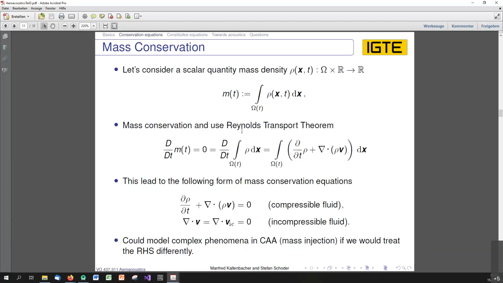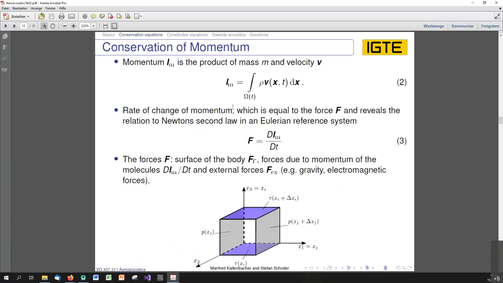Okay, then we proceed with the conservation of momentum. So in fluid dynamics, we have three conservation equations. One is conservation of mass, then momentum, and then conservation of energy. Everyone of you knows what the momentum is.